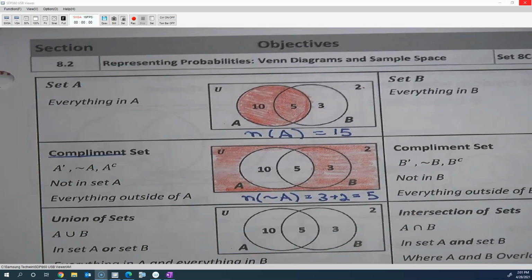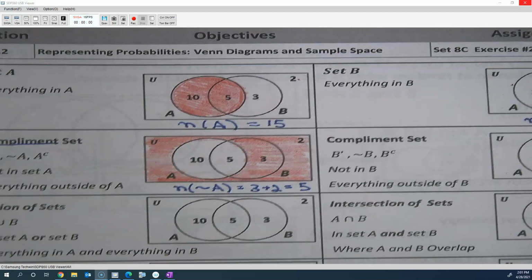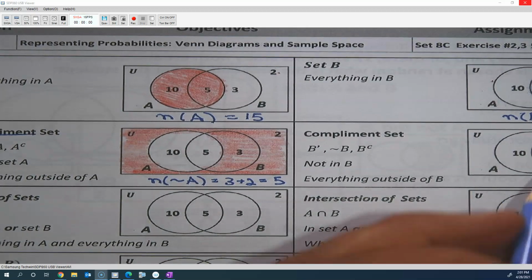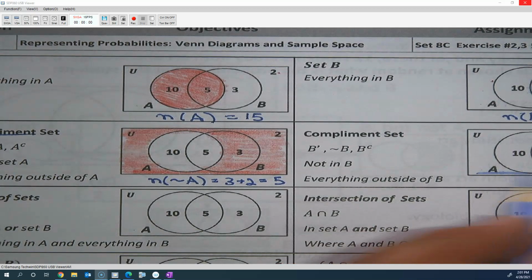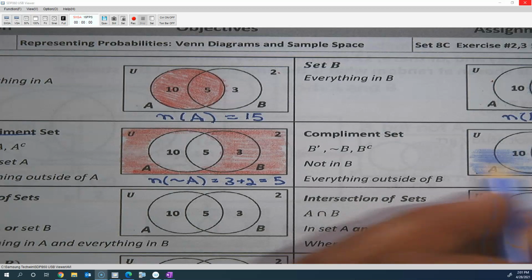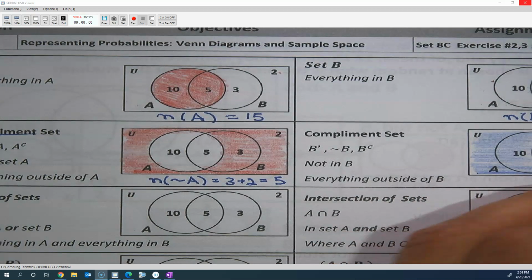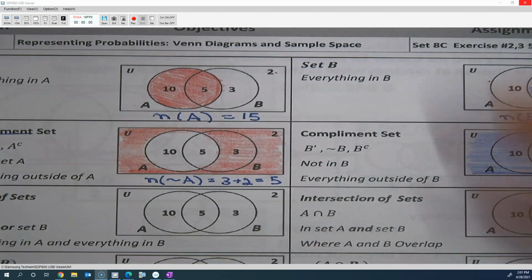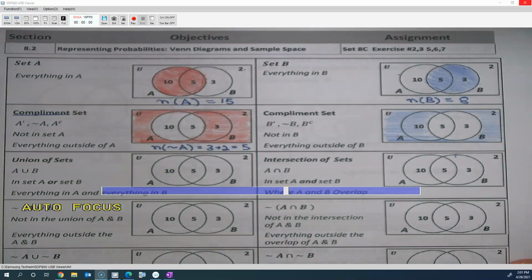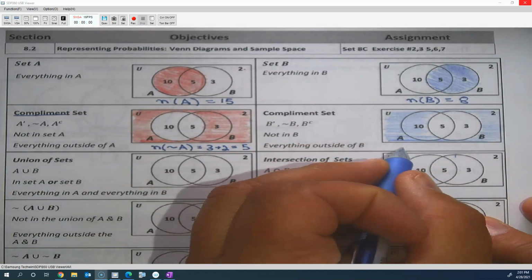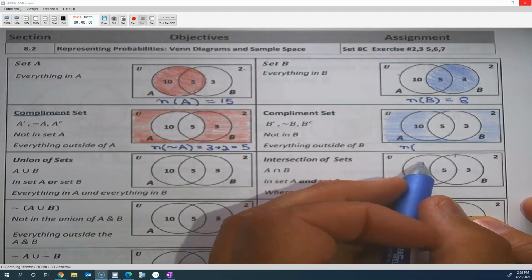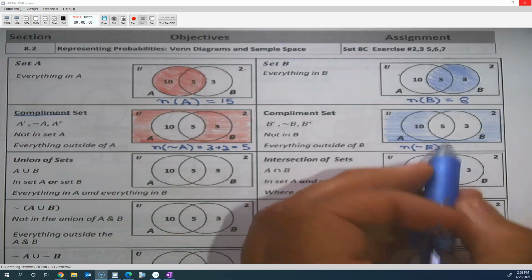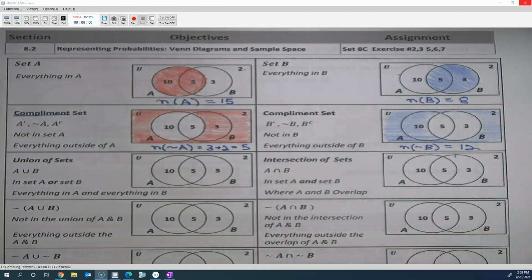The complement of B, we read it as not B, and that would be everything outside circle B. The number of elements outside of B would be 12, 10 plus 2.